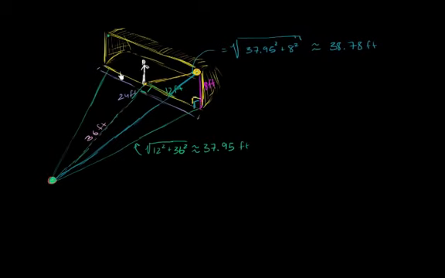And this one, once again, is a fairly straightforward Pythagorean theorem problem. You have a right triangle here. You could also see it on this side. It's a little easier. We know that this is 12 feet and that this right over here is 8 feet. So we know that this distance right over here is going to be the square root of 12 feet squared, which is 144, plus 8 feet squared, which is 64.